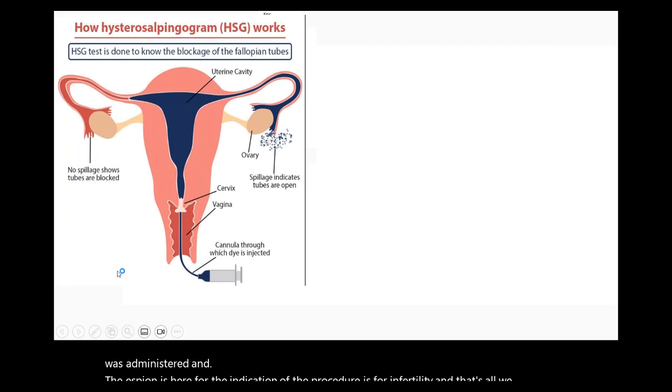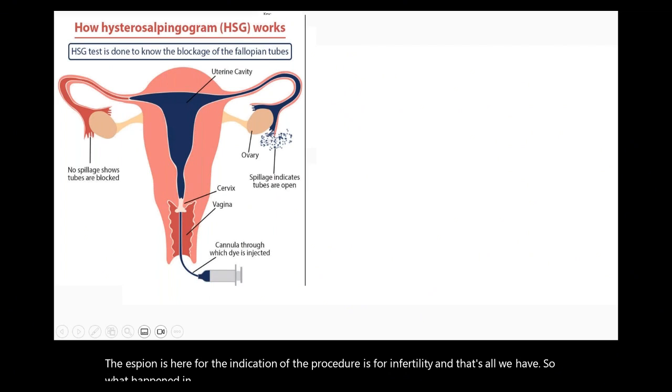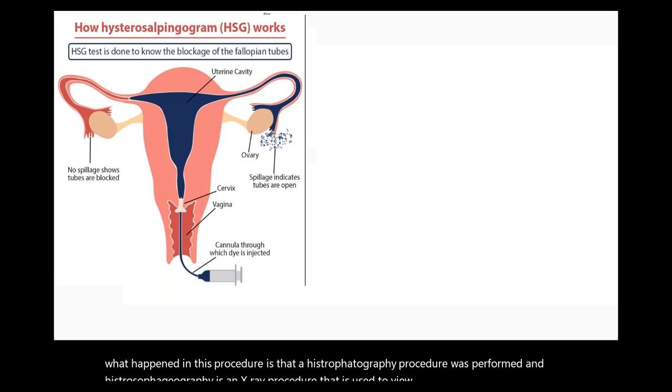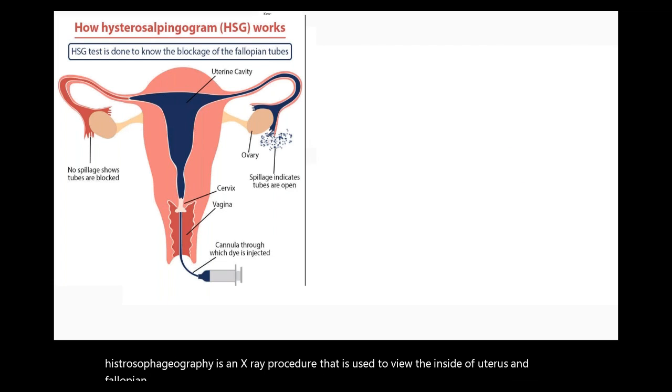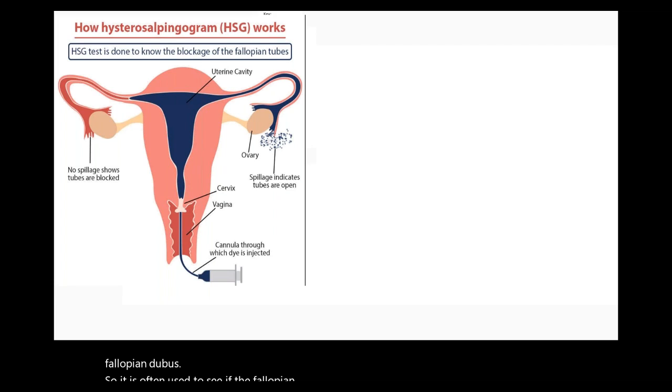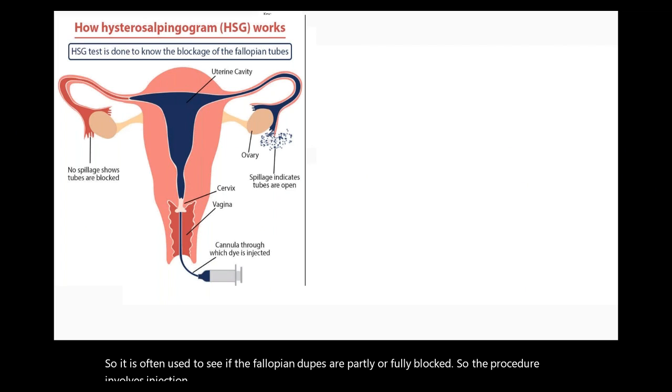What happened in this procedure is that a hysterosalpingography was performed. Hysterosalpingography is an X-ray procedure used to view the inside of the uterus and fallopian tubes. It is often used to see if the fallopian tubes are partly or fully blocked. The procedure involves injection of contrast material and taking X-ray images.